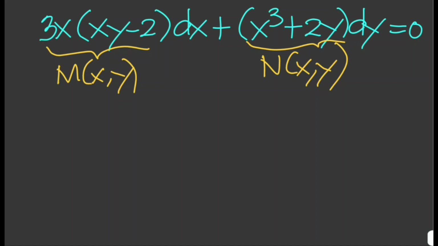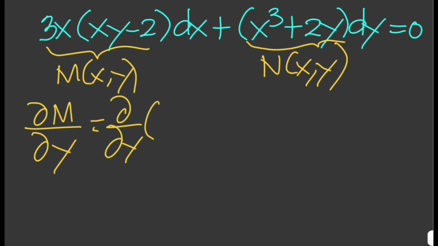So we get the partial derivative of M with respect to y. M is 3x times (xy minus 2).